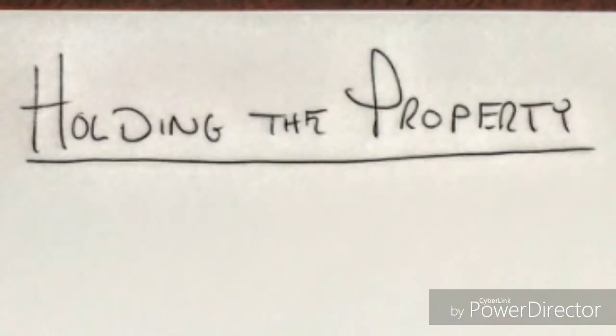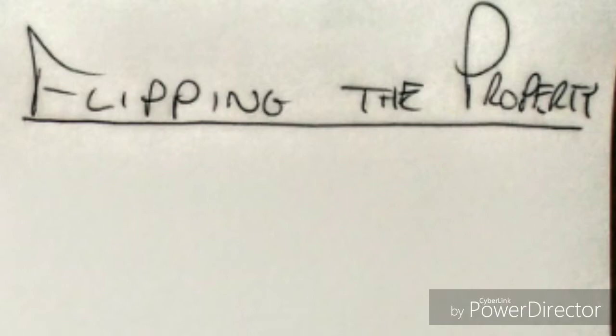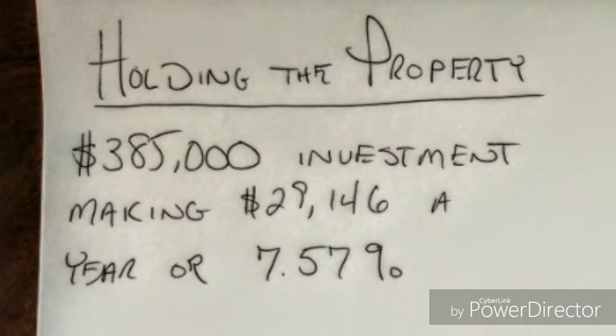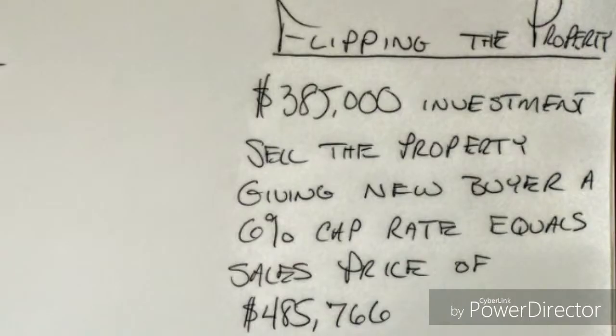Okay, so let's talk about holding the property versus flipping the property. With holding the property, we have our $385,000 investment, which makes $29,146 a year. That is 7.57%. Now, when we look at the opposite, to flip the property, we take that same $385,000 investment.